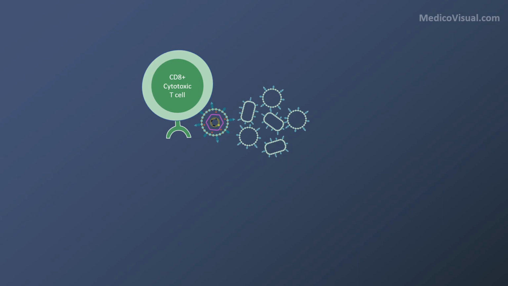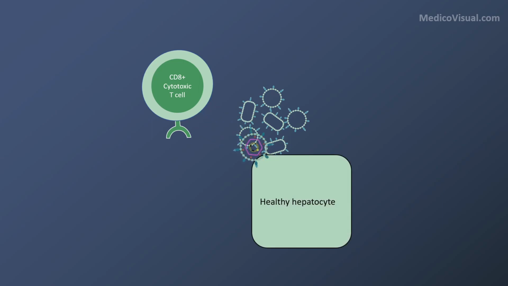So the story does not end here. Just killing these factories is not the end of the problem. There are still virus particles strolling freely and happily. These virus particles that have already been created can infect a healthy hepatocyte.